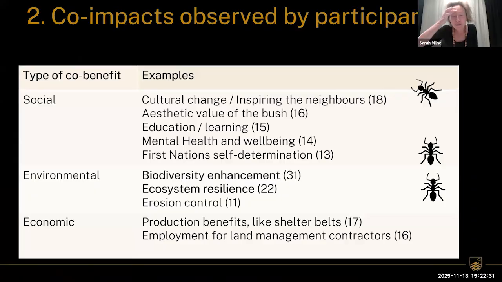Okay, so now I'll just cover off on some of the co-impacts that we observed, and I'll do that in 2 batches. I'll start with the co-benefits, and then I'll tell you a little bit about the risks or costs. So this is just an indication here of the types of co-benefits that people mentioned in the interviews, and I've noted the frequency that they were mentioned at, and I'm sort of listing the top types of co-impacts and co-benefits that people observed.